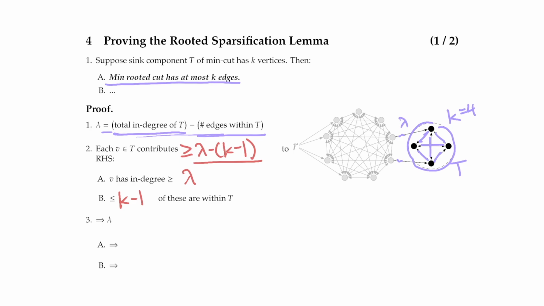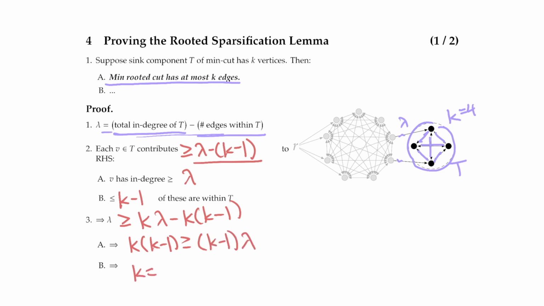So that tells us when we sum up over all the vertices, lambda is at least k times lambda minus k times k minus 1. So when we start rearranging, that tells us that k times k minus 1 is at least k minus 1 times lambda.